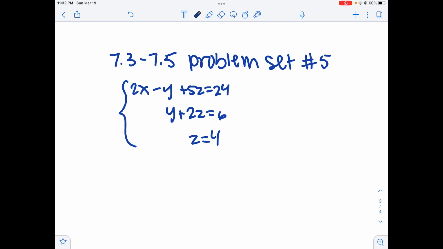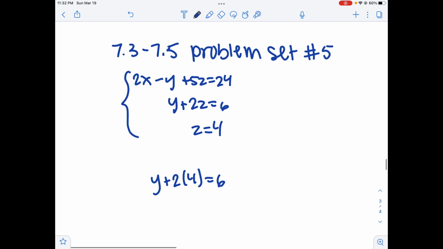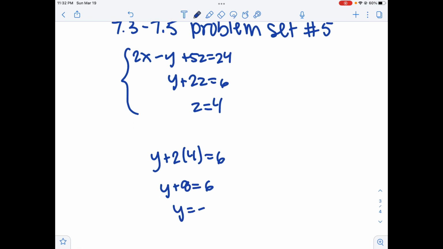Okay, a problem I'll be explaining that I missed is 7.3, 7.5 problem set number 5. We're supposed to use back substitution. Since we already have z equals 4, we do y plus 2 times 4, plugging in 4 where z is, is equal to 6. We get y plus 8 is equal to 6, and y is equal to -2.